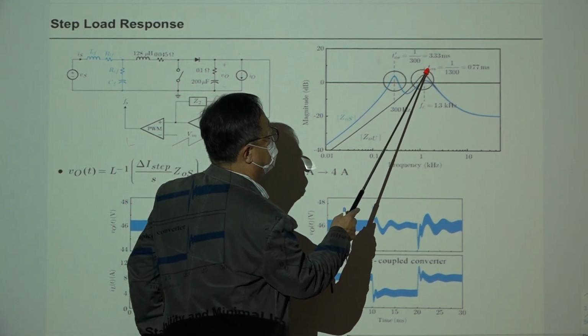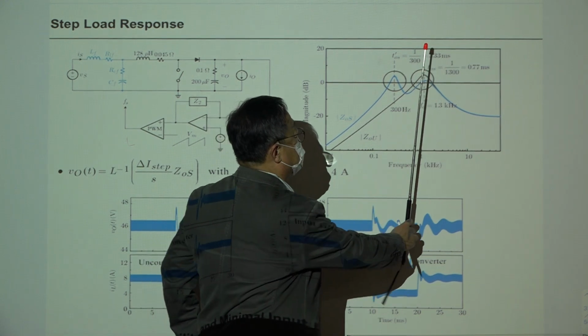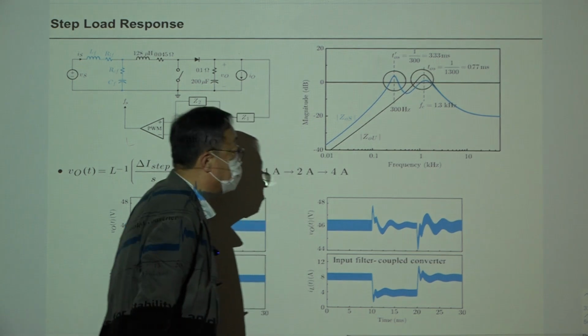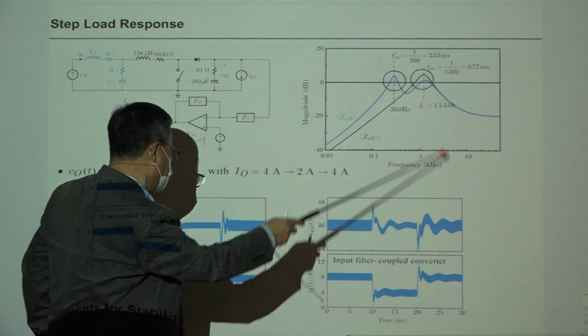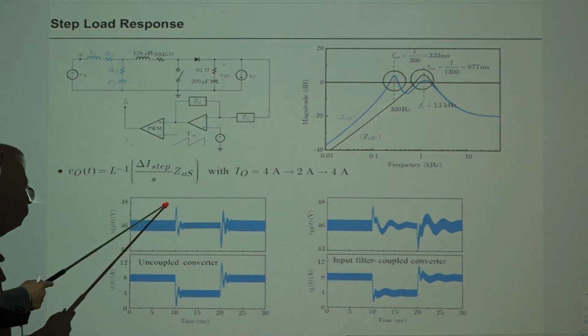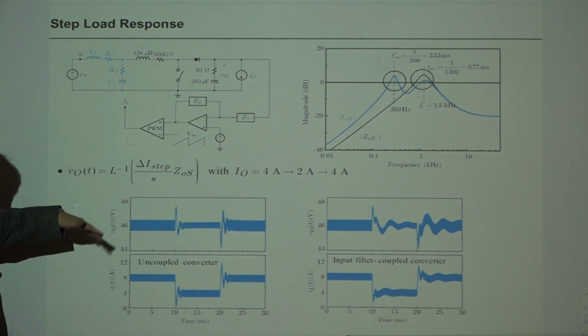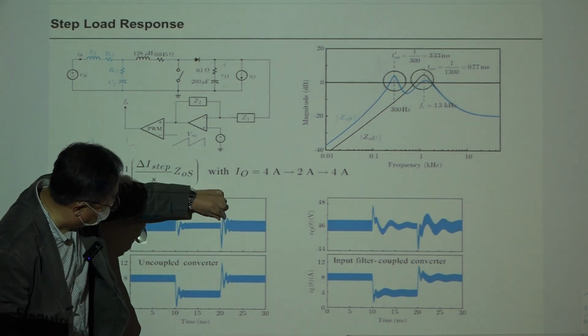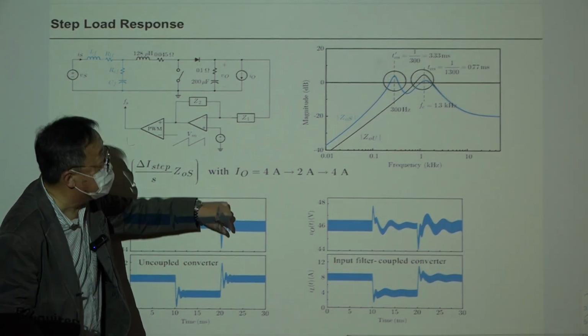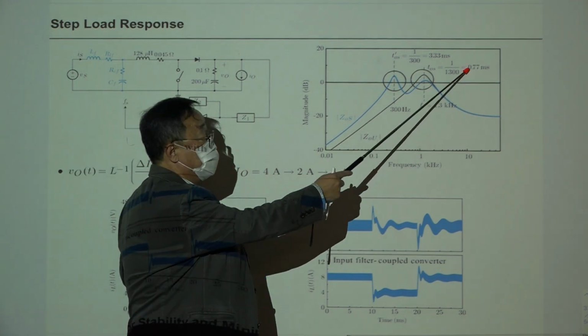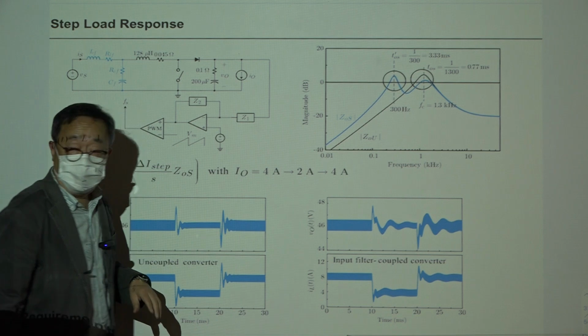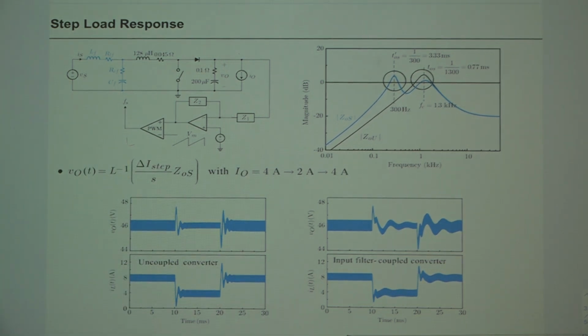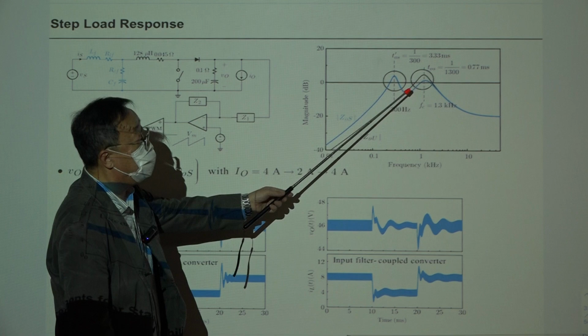So the oscillation period is 1 over this FC, which is this, right? So this high frequency oscillation, I don't know exactly. This damped oscillation, the size is reducing, but if you measure this period, it will be very similar to this, right?